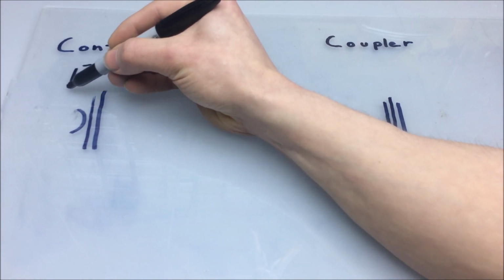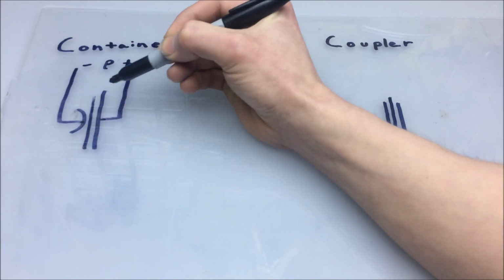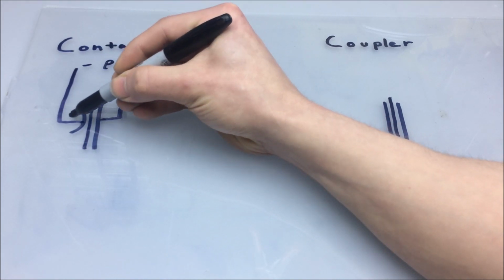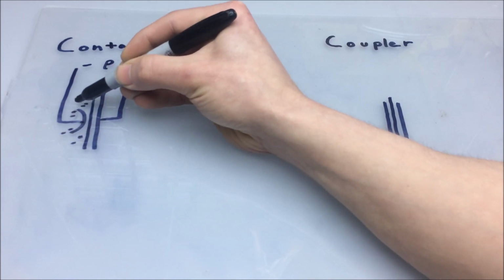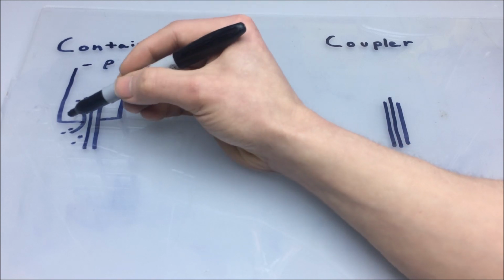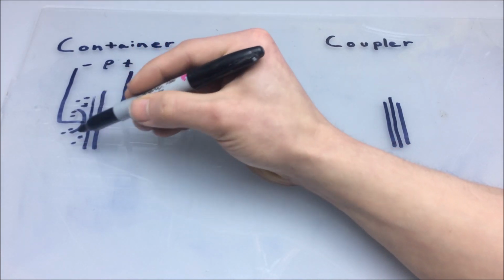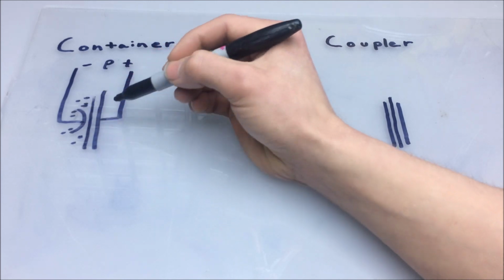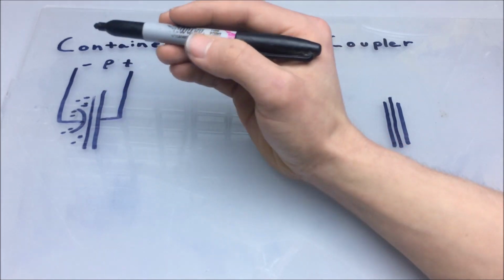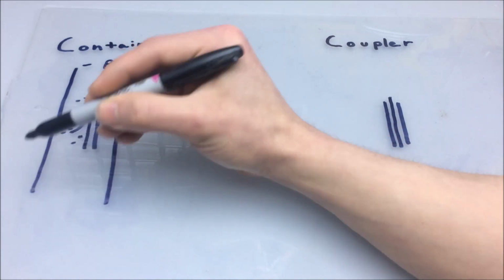So the negative gets directly connected to one side, as does the positive. And you can place electrons on one side of the container, but not the other. And this makes an imbalance where the electrons want to go to the positive side of the container. This acts like a little storage facility for charge, and it will help smooth out any chops. And this goes in parallel with the load.